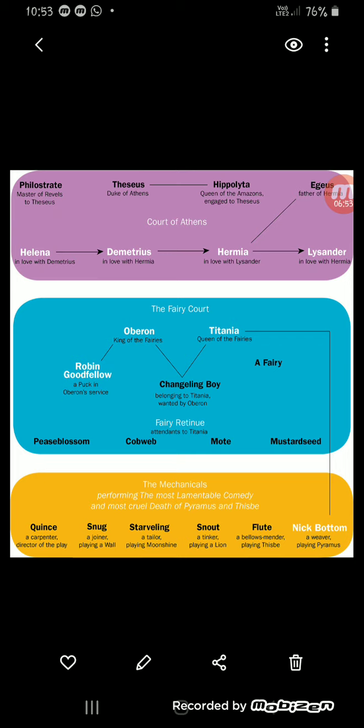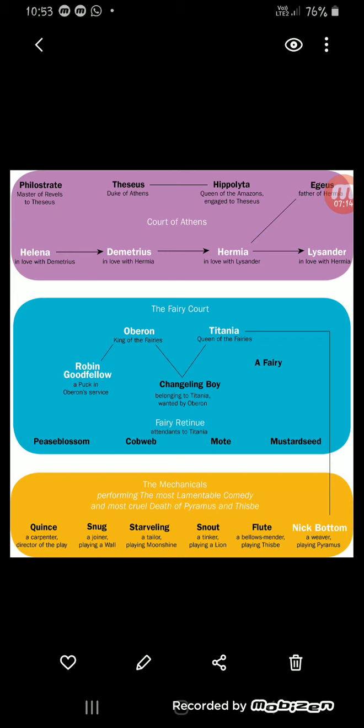Now there is one servant of Oberon. His name is Robin Goodfellow, or simply Puck. He is called Puck, who is the servant of Oberon. He also has magical powers. He is not a normal human being.